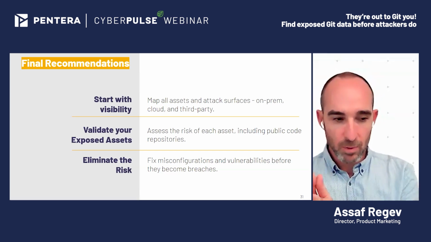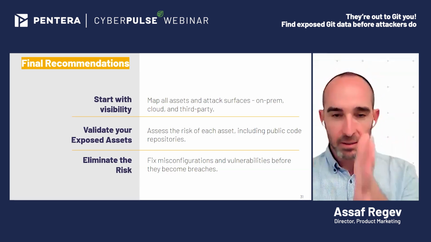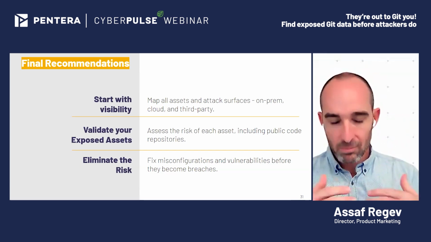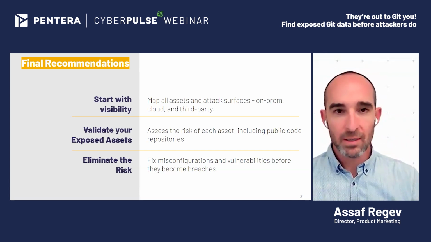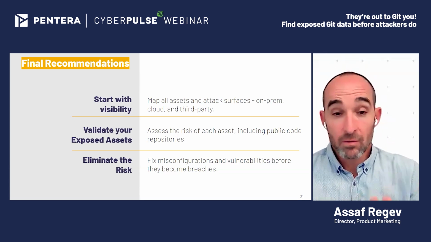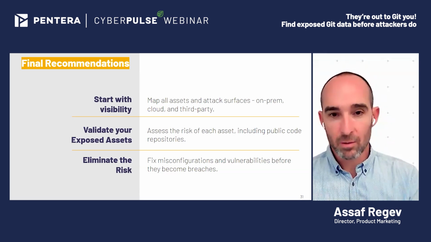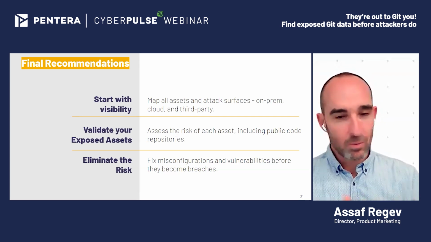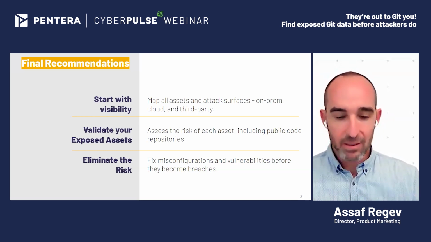If you remember, initially we spoke about visibility, the attack surface, and the context. So I want to bring it down to earth and give you our real-life recommendations. The first one is kind of obvious, but really start with visibility, and that's a good basic practice for everything.